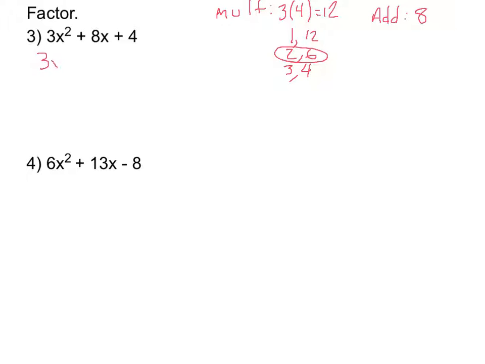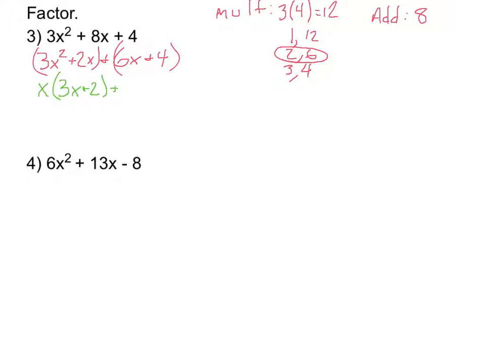So we'll write this 3x squared plus 2x plus 6x plus 4. The 2x and the 6x would combine to make 8x. Okay, next, I can take out an x from the first set of parentheses, leaving me with 3x plus 2.